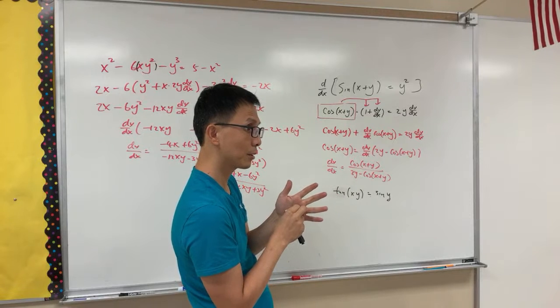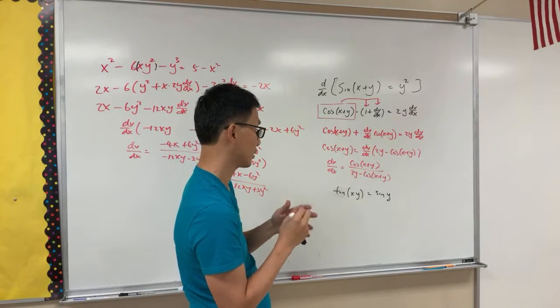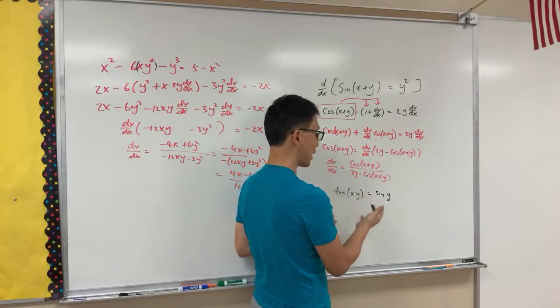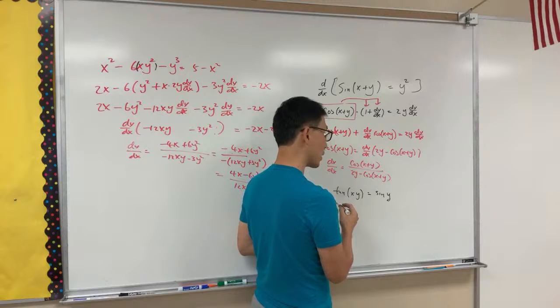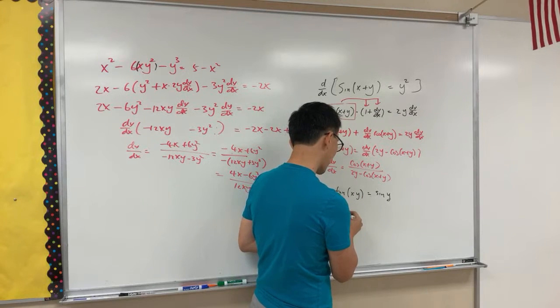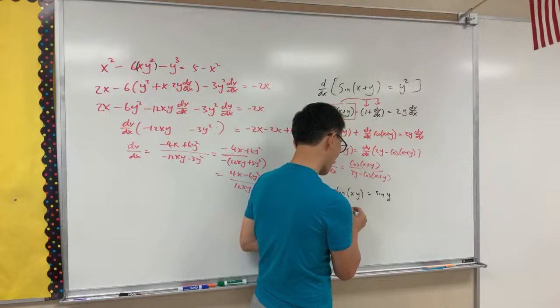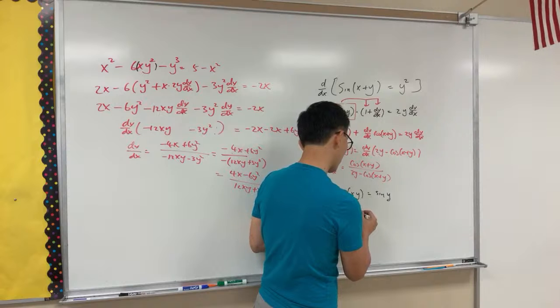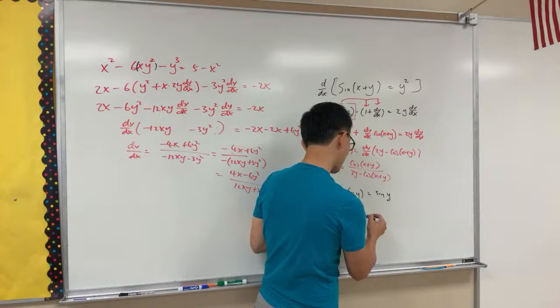Andre's finished? Okay, so what's the derivative of tangent x plus x times y? Secant squared x. Secant squared of what? X. And y times what? Y plus x dy dx.